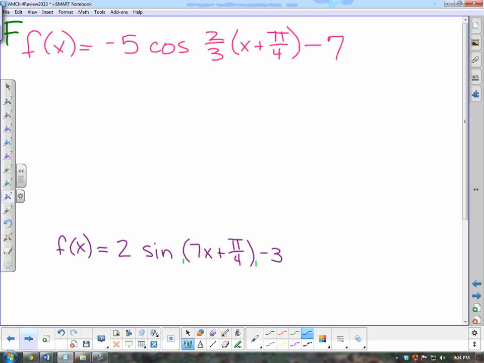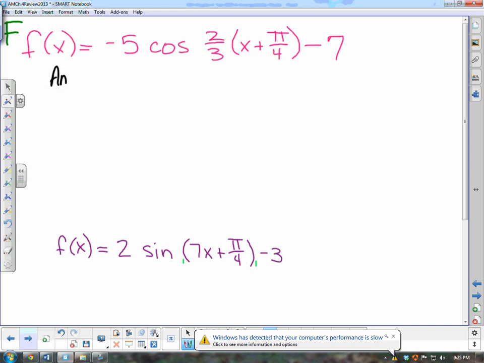Then finally, you will be asked to name the different parts of the graphs of these particular functions. In this case, the amplitude would be 5.